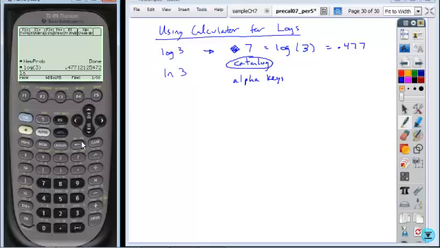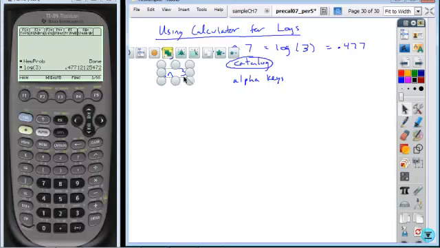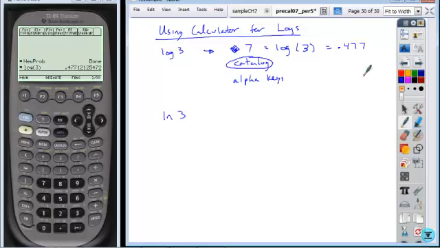All right, as far as the natural log, the natural log is easier because everybody's calculator has the buttons for that, and it's simply the second function plus the X key, and that's going to equal ln.